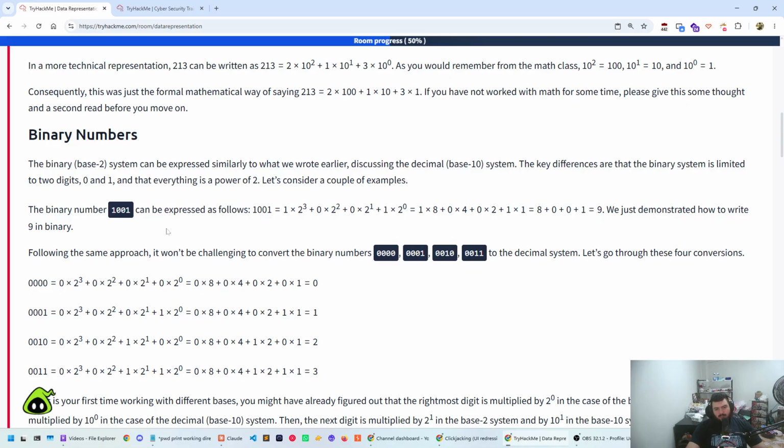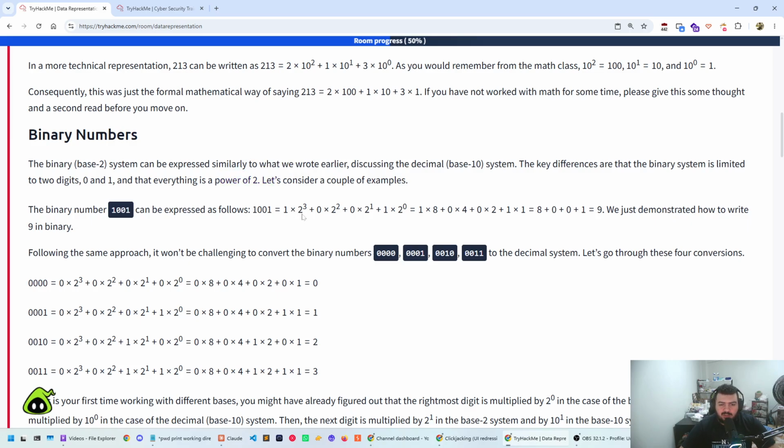Okay? Now, the way this works might be a bit confusing for you, but we can get a bunch of things to understand. So let's say that everything is a power of 2.